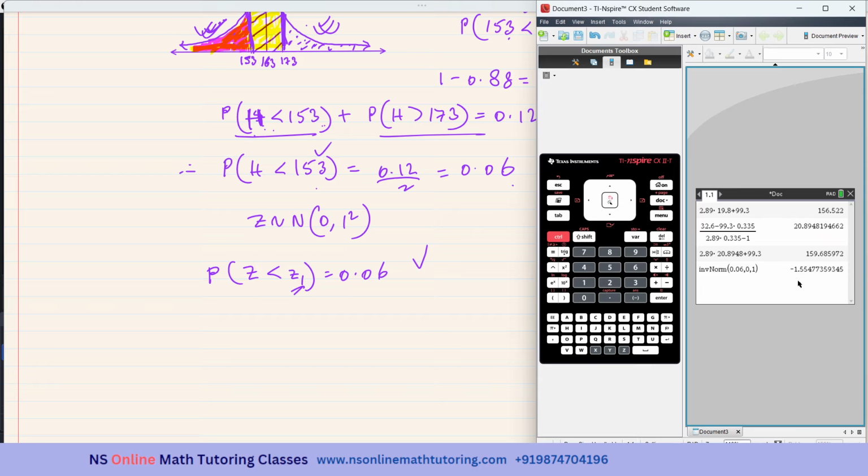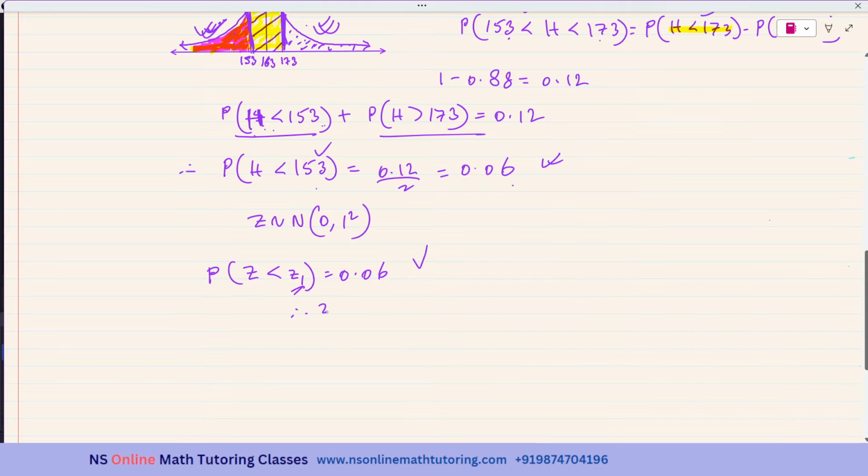So the Z1 value is negative 1.55477. I'm taking this many digits because I'll be needing it to get the standard deviation value. This is not the final answer, so I will not be taking the value correct to 3 significant figures. So negative 1.55477.